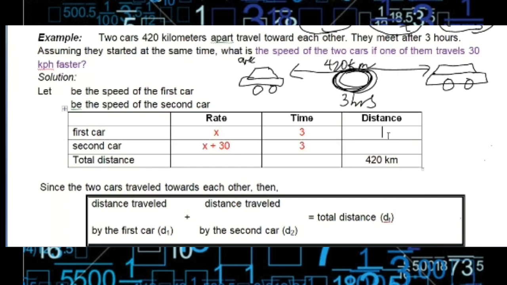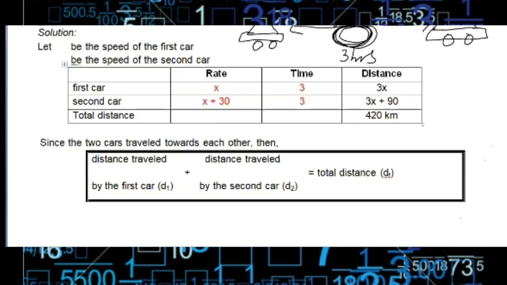So, lagay mo siya dito, 3x. Then, x plus 30 times 3. O, i-distribute nyo na. 3 times x, 3x, plus 3 times 30, 90. Naintindihan niyo po ba kung ano yung tina-times ko? Yung naka-highlight ng red, yung pahalang. Pahalang ha. Ayan.